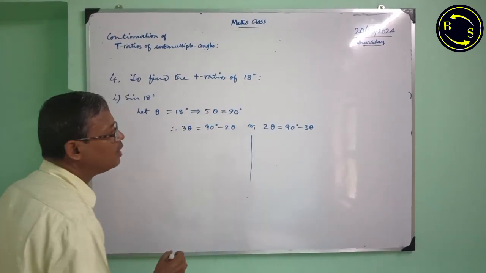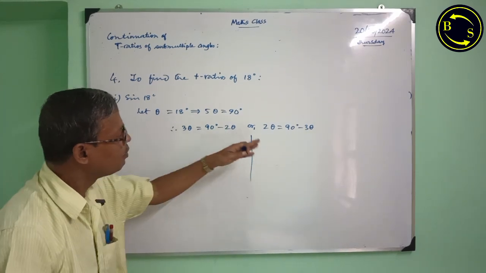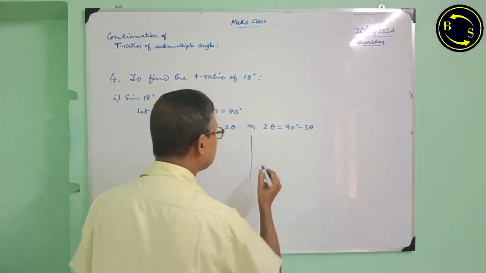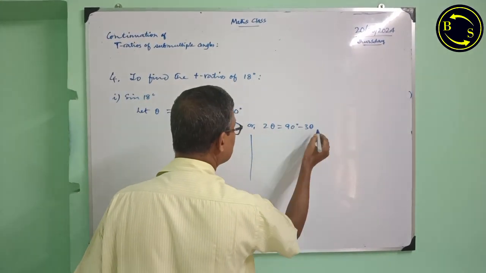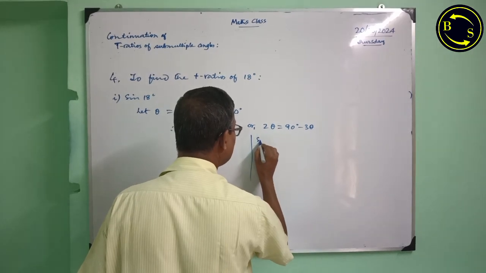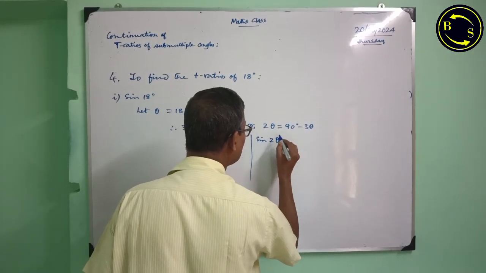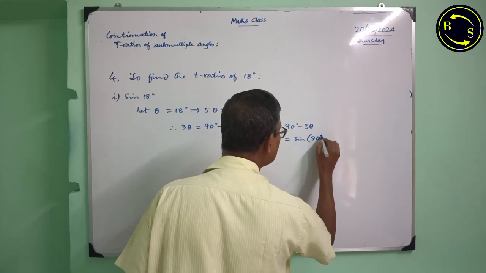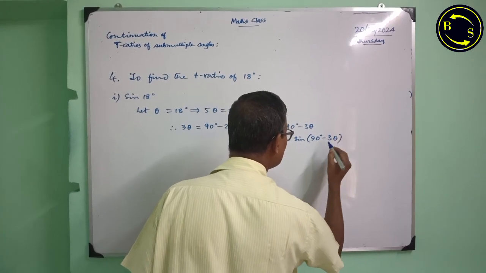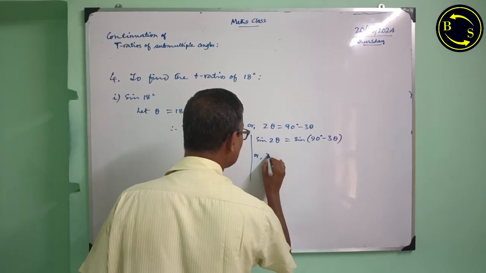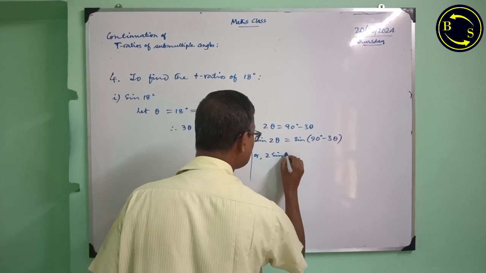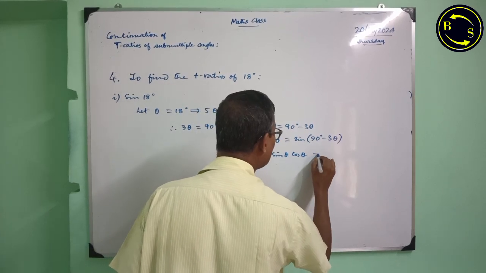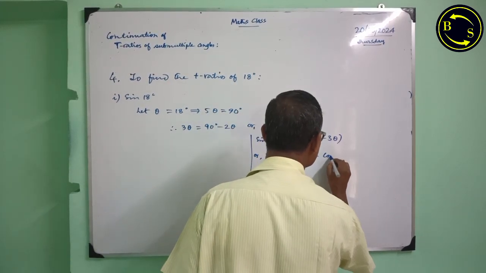We can approach from both. Here I am considering this one: sine 2 theta will be equal to sine of 90 degree minus 3 theta, from which we get 2 sine theta cos theta is equal to cos of 3 theta.